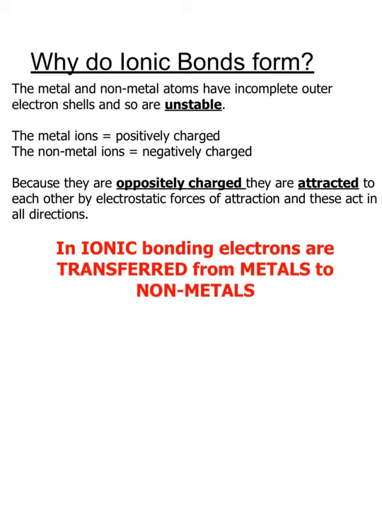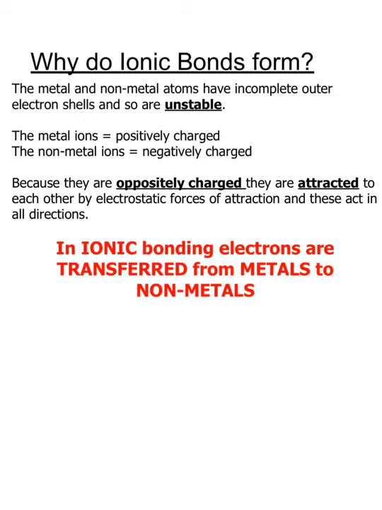As you'll go through, you'll notice that all the metal ions are positively charged and all the non-metal ions are negatively charged. Because you've got an atom with a positive charge and an atom with a negative charge, those opposite charges attract together. That attraction between two oppositely charged ions is called an ionic bond.